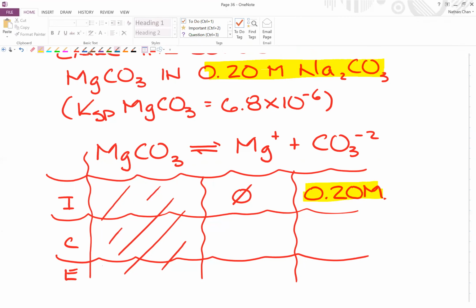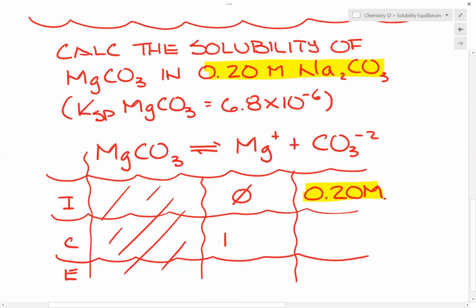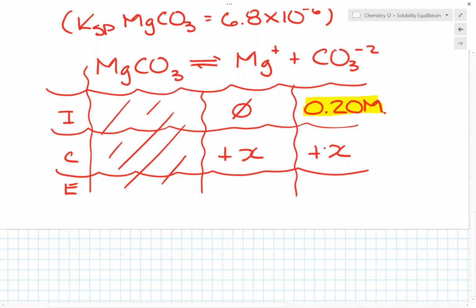In this case, again, you have plus x here, and then what you get is x and 0.20 plus x.